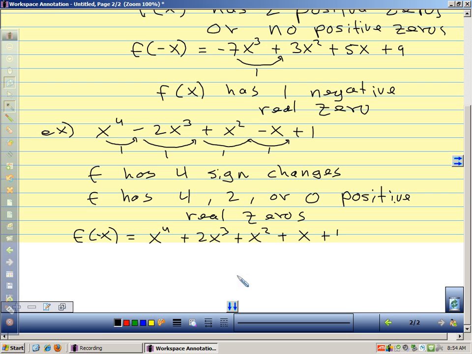So how many sign changes do I have here? 1, 2. All of these are positive, right? f of minus x has no sign changes.